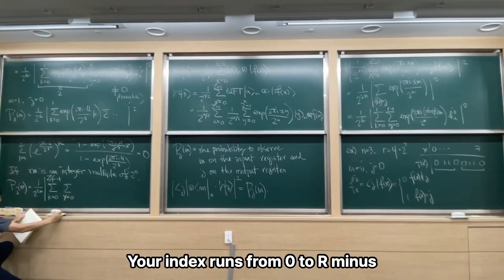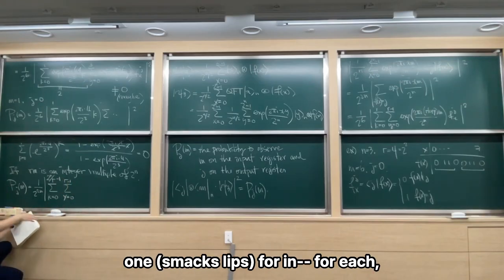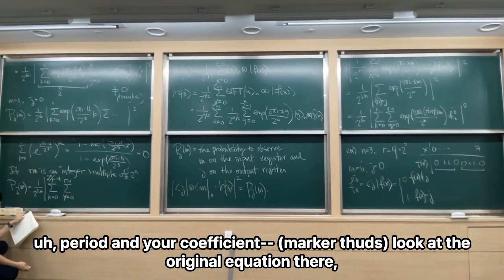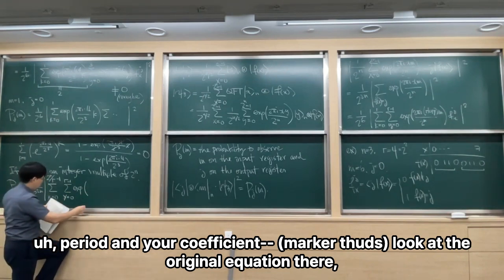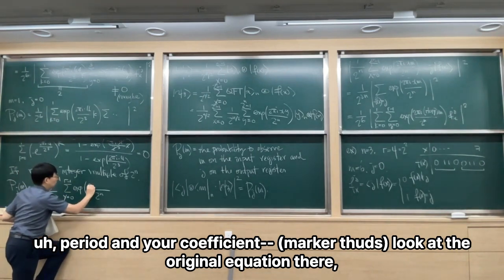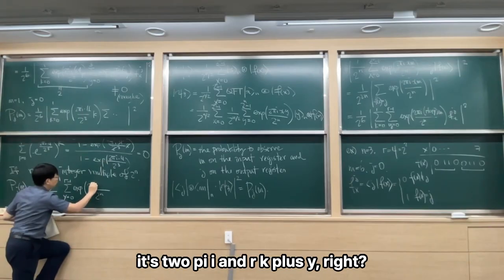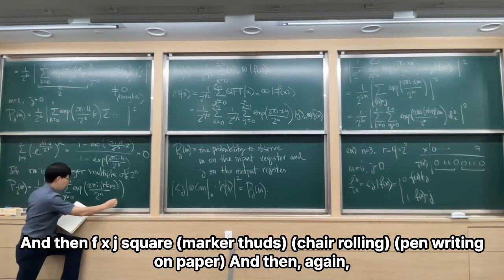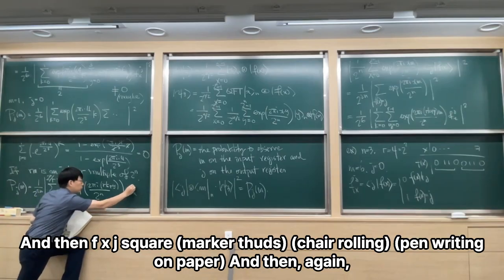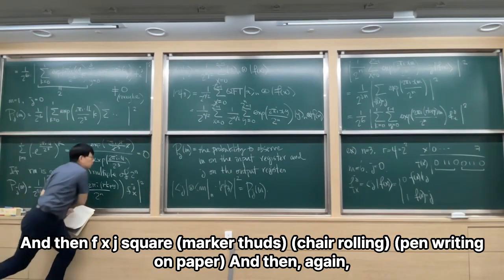So your index runs from 0 to r minus 1 for each period. And your coefficient, you look at the original equation there, is 2 pi I and rk plus y, right? And then fxj squared.